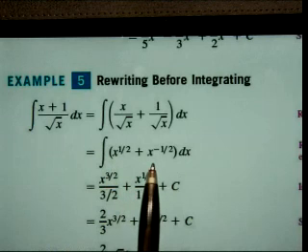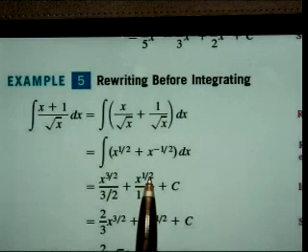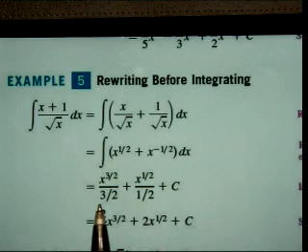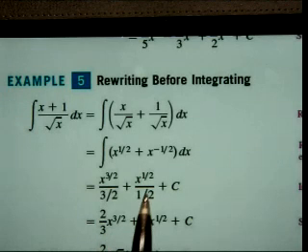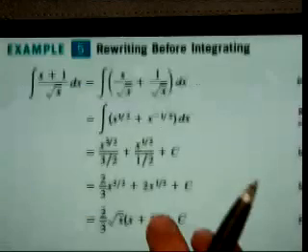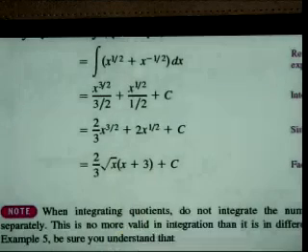Negative 1/2 plus 1 is positive 1/2, and then divide by the 1/2. From now on, instead of writing divide by 3/2, I'm going to go ahead and say multiply by 2/3. And instead of saying divide by 1/2, I'm going to say multiply by 2, just to save ourselves a step there. And then there's the answer, factored as completely as possible.